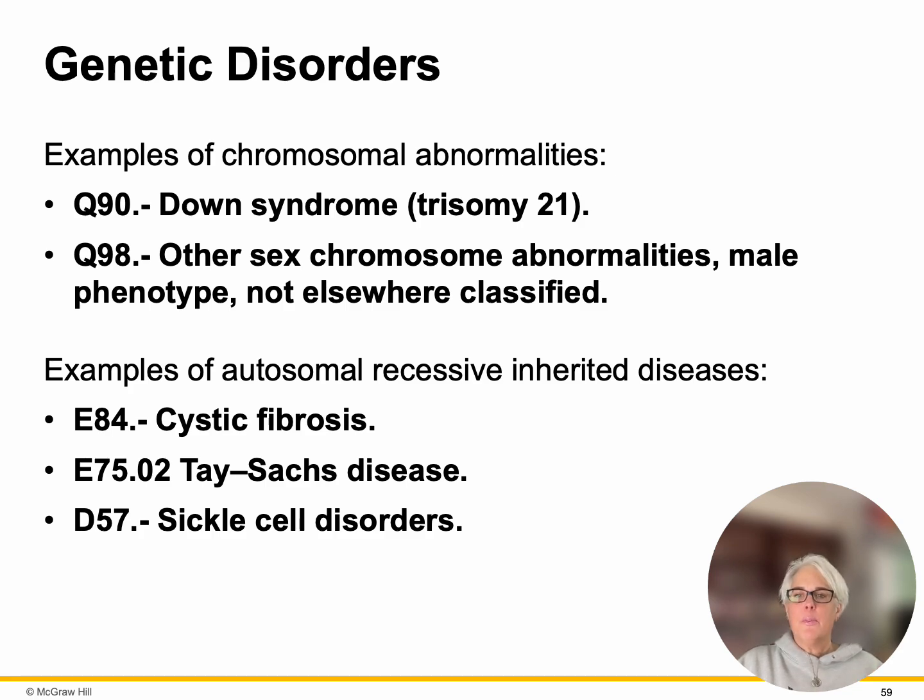Down syndrome falls under category Q90, sex chromosome abnormalities under Q98, cystic fibrosis under E84, Tay-Sachs E75.02, sickle cell disorders under D57. These conditions often have lifelong consequences and multiple complications, so you'll see them repeatedly in a patient's record.